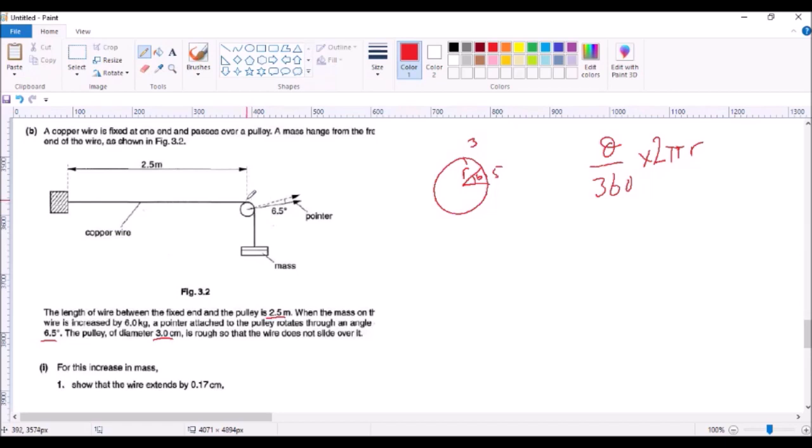We want to see from here 6.5 degrees. That's the extension: 6.5 over 360 times 2 pi times 1.5, which is 0.17 centimeters.